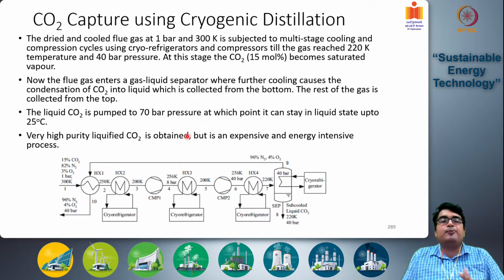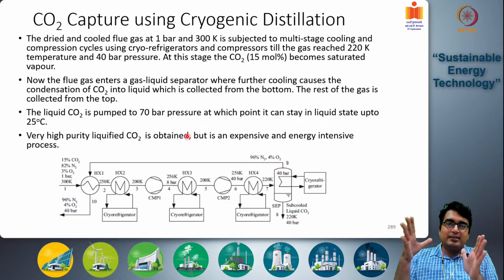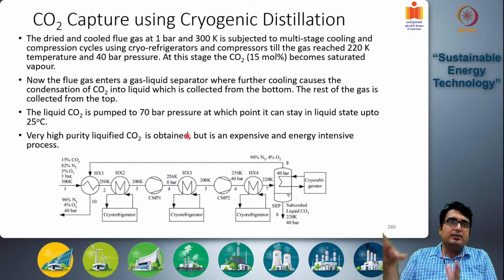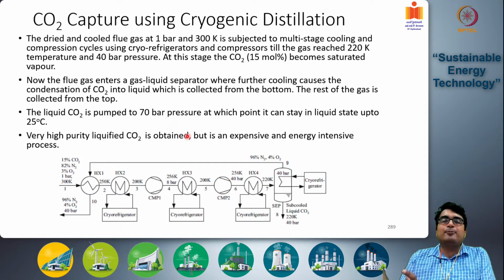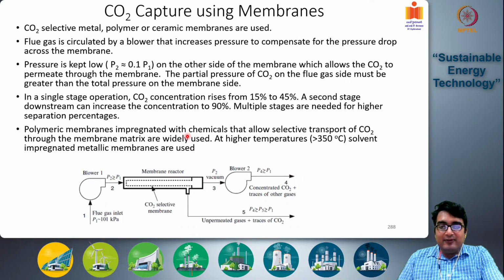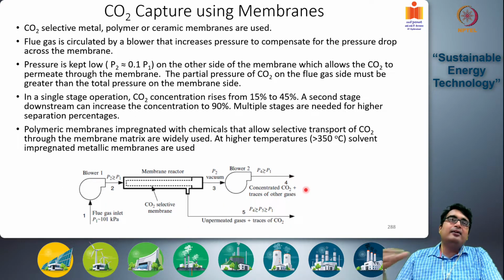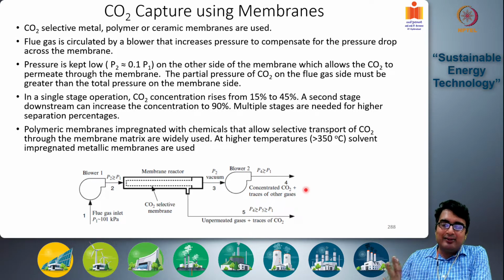So among the three processes discussed, this is the most expensive process. But something to note here is you are getting highly compressed liquefied CO2 out of this, which is ready for transportation. Okay. In the previous cases, you are getting gaseous CO2, which has to be compressed or stored in some other technology that is also going to take energy.